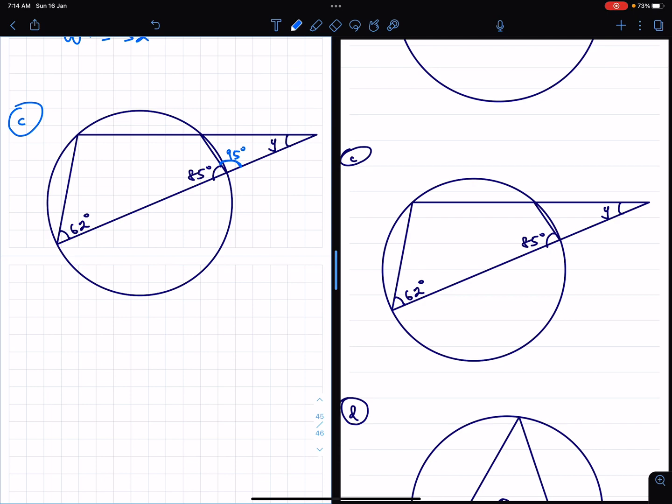Now that I know that this plus this is 180 degrees, because the opposite angles of a cyclic quadrilateral are supplementary, and this is a cyclic quadrilateral. So this angle and this angle are supplementary. This plus this is 180, this plus this is also 180, but this is the one I need.